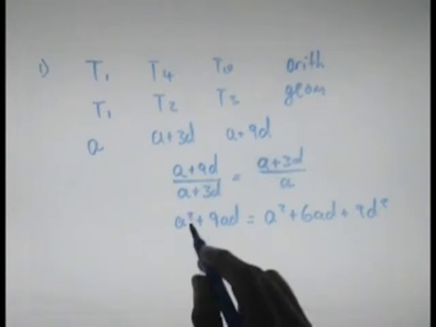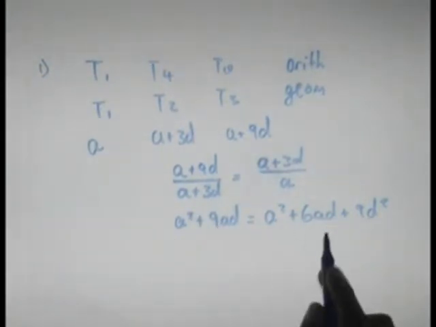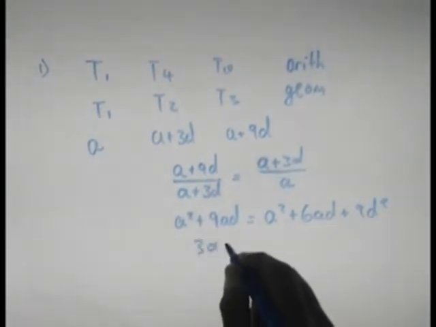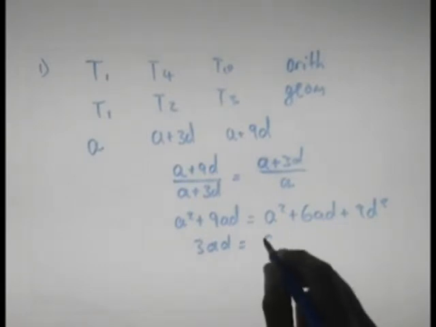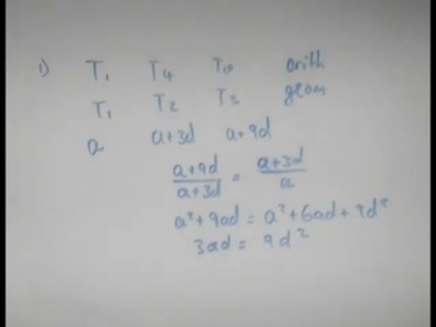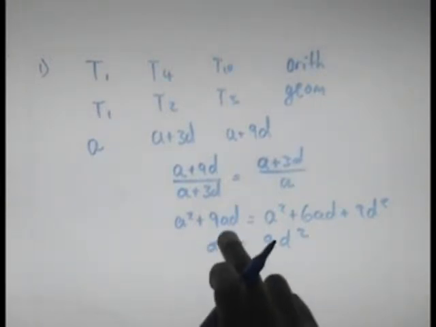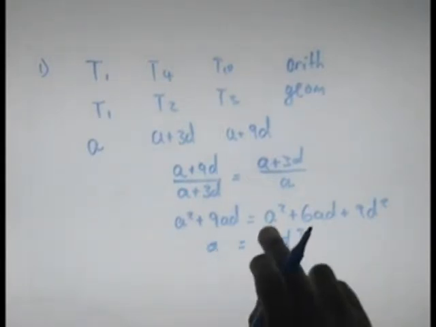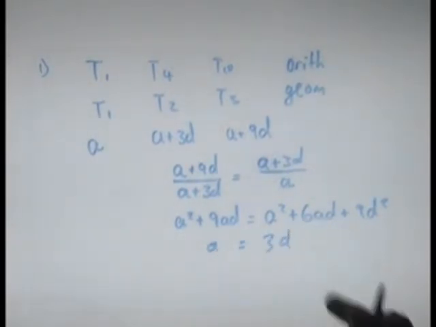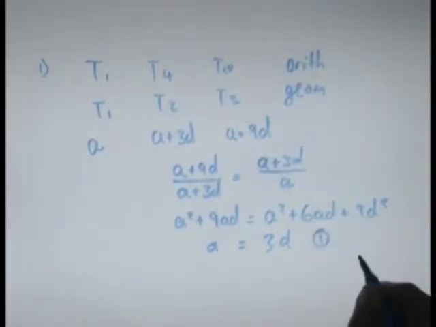The a squareds on both sides cancel. 9ad minus 6ad is 3ad, which is equal to 9d squared. Divide through by a common 3d. That means that a is equal to 3d. That's equation 1.